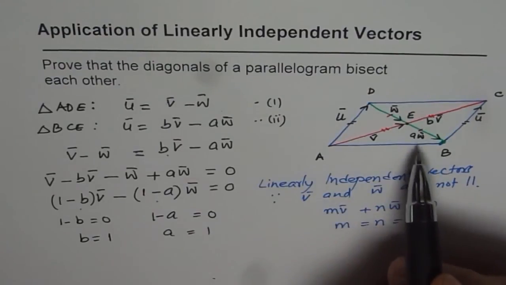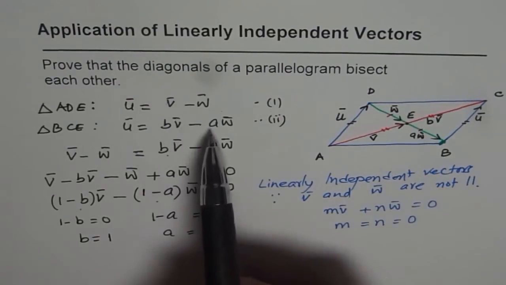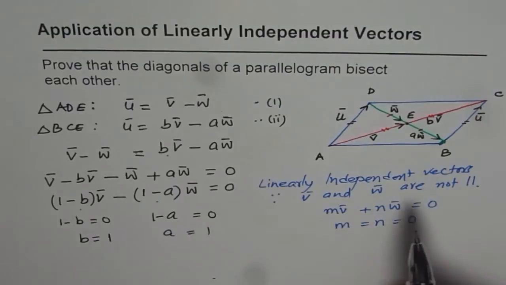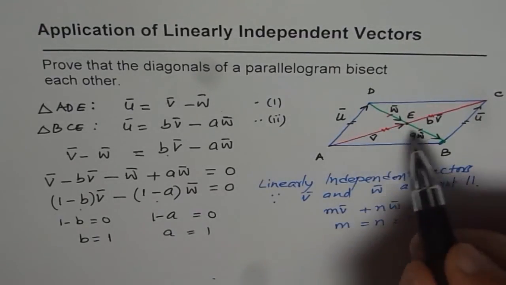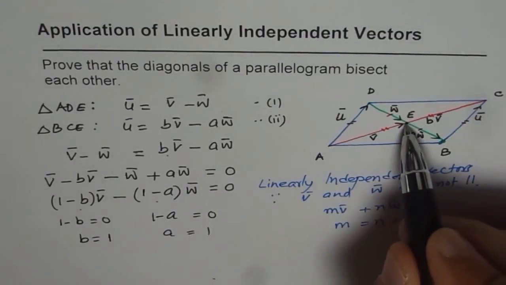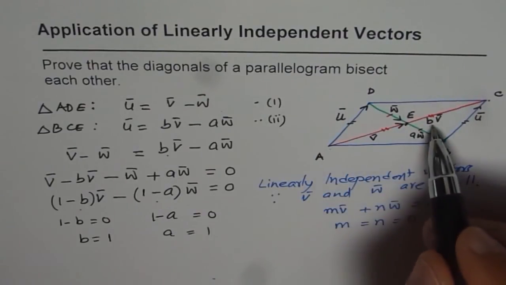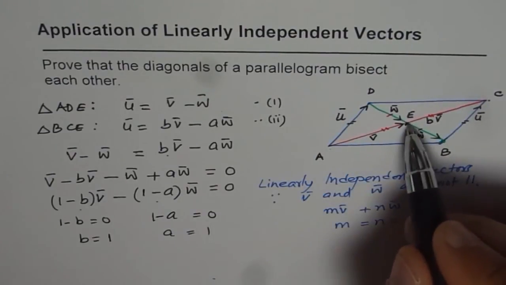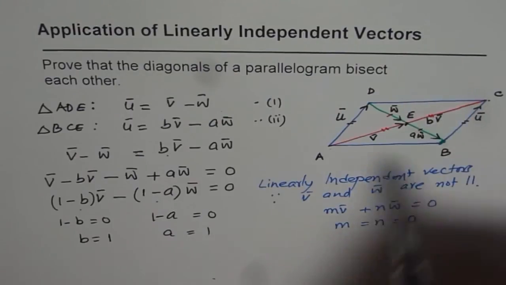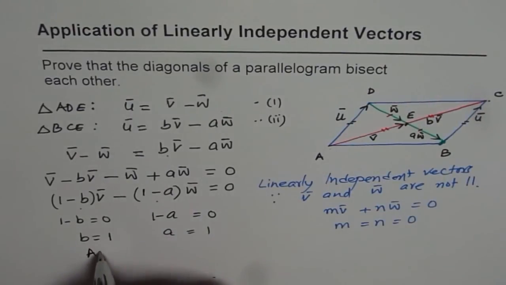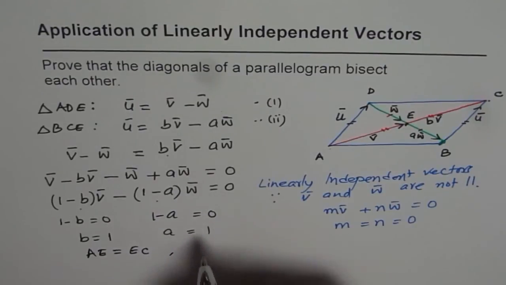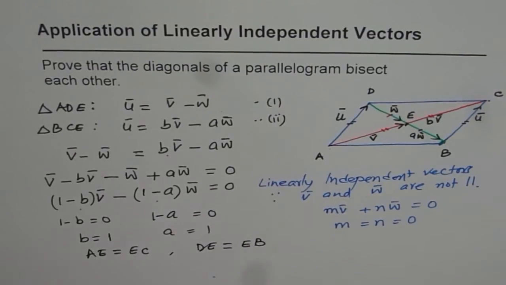Now, if you see our diagram and our assumption, if a and b are 1, that means what? That means that AE is equal to EC. Do you see that? AE was V and EC was B times V. So that shows that AE is equal to EC and DE equals EB, right?